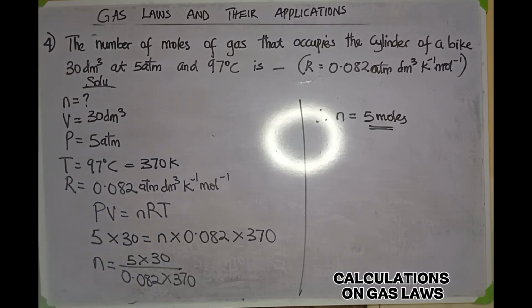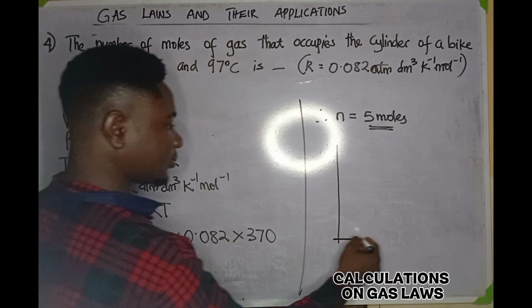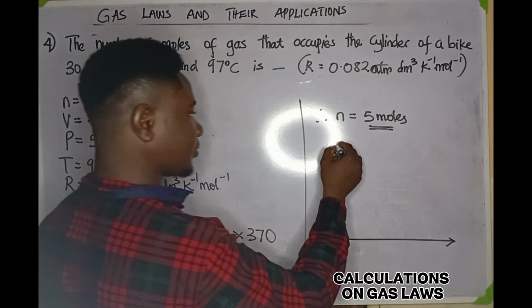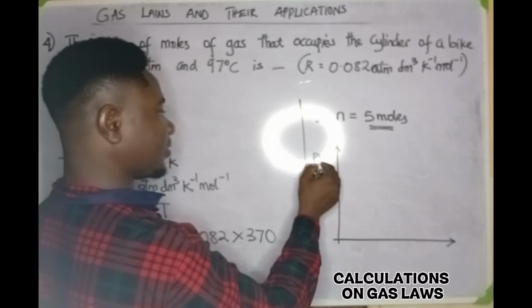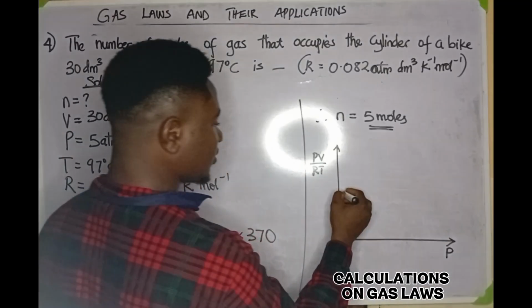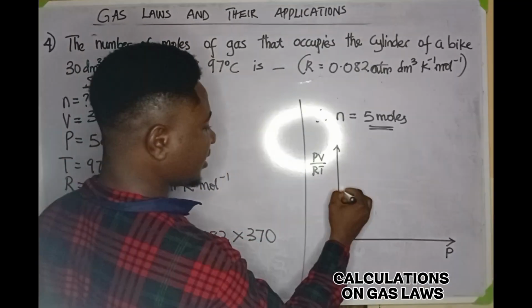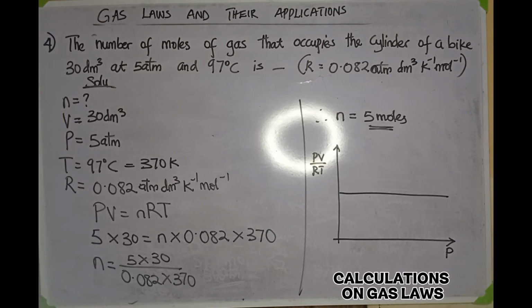It's very simple. Now, one final thing I want to show you is the graph of an ideal gas. This question is on ideal gas. The graph of an ideal gas looks like this. PV over RT here, and then you can have this. So the graph of an ideal gas looks like this. It's a straight line graph moving horizontally.